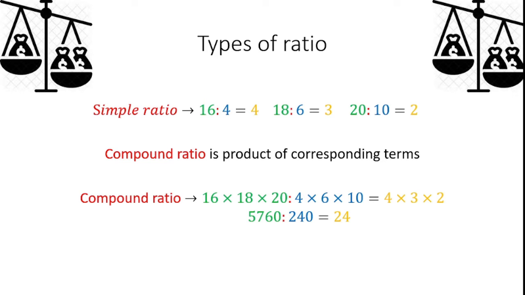On the right hand side, after the equal sign, we have 4, 3, 2, and I take the product of these, 4 cross 3 cross 2. Here the compound ratio can be represented from the simple ratios as 5760 is to 240, which is equal to 24. This is known as the compound ratio. Now you may be aware of what a simple ratio is and what a compound ratio is.